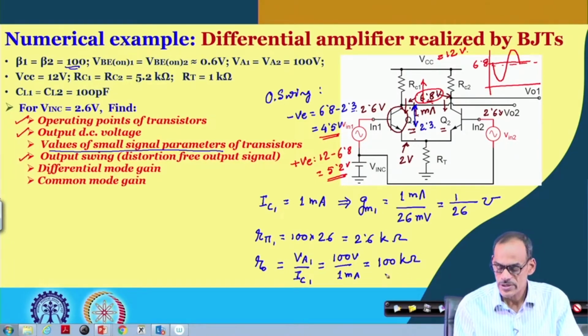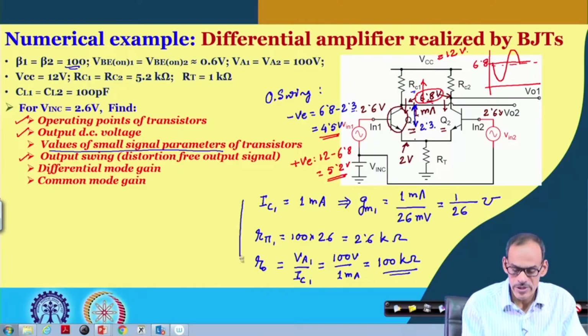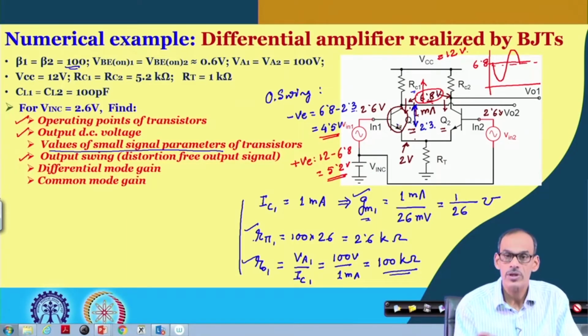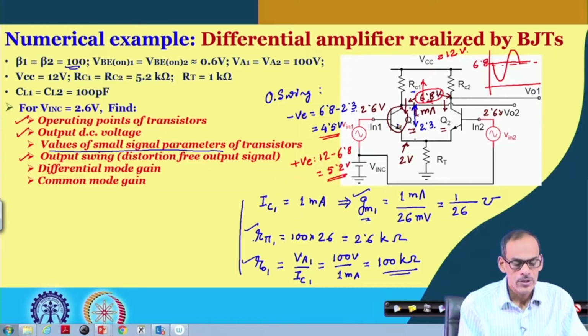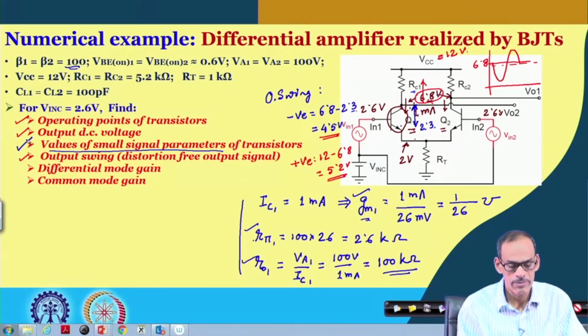We assume that this 100 kilo ohm is much higher than the passive loads Rc1 and Rc2. So, that gives us the small signal parameters. In fact, for the other transistor, the parameters are also the same as those we obtained for Q1. So, now we have the small signal parameters of both the transistors.